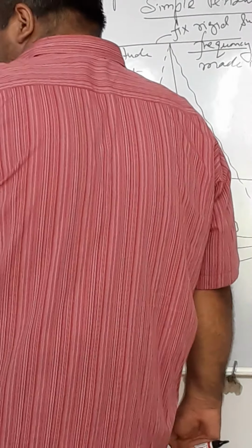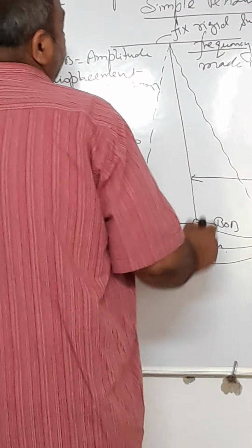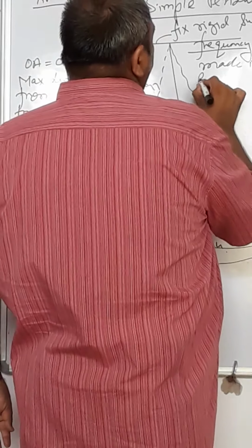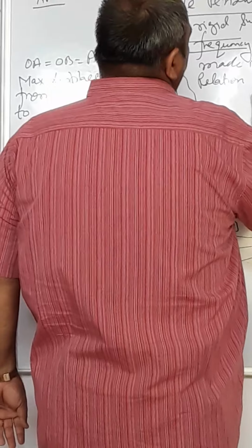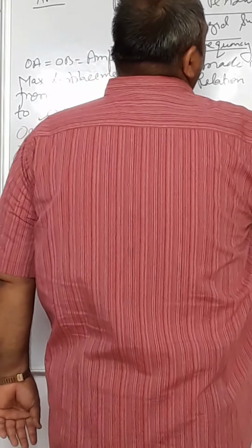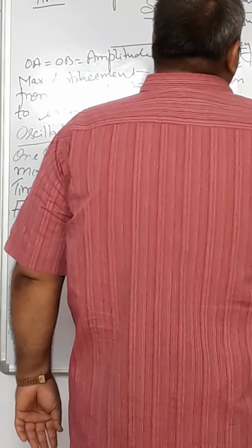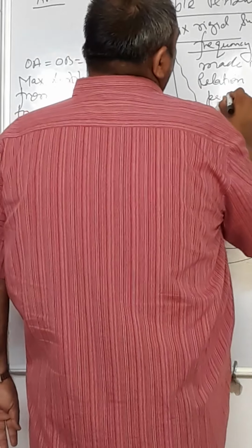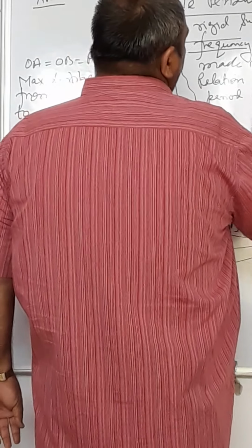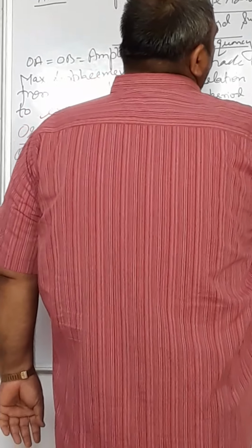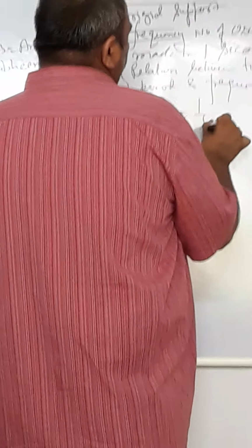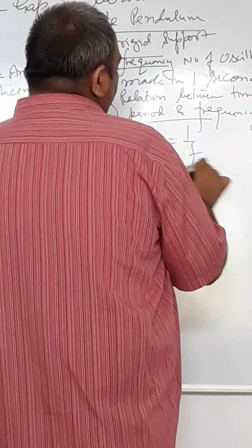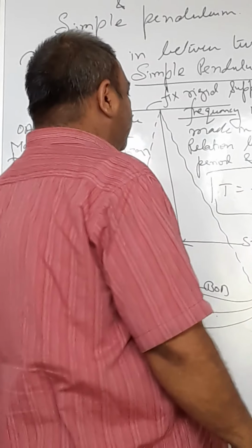Now the relation between time period and frequency. T is equal to 1 upon f. Time period is the reciprocal of frequency.